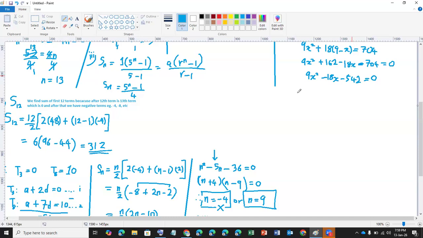Since it's looking like this now, let's just use our formula.